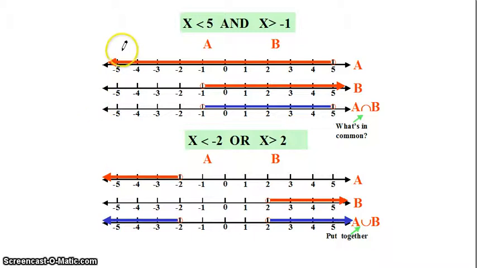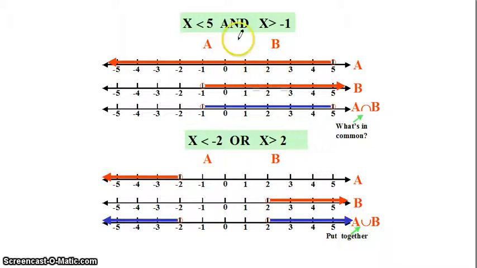Okay, so here's some simplified solutions. Here is a conjunction. So x is less than 5, and we want x to be greater than -1. So here is the x is less than 5. We also want x to be greater than -1. So where do these combine, and where do these solutions satisfy both of these portions?